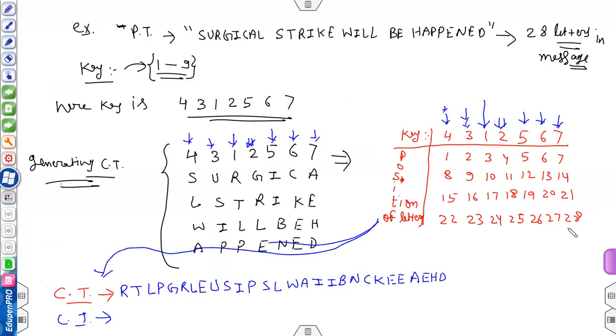Okay, so in a similar way we can also write the cipher text in the form of numbers.